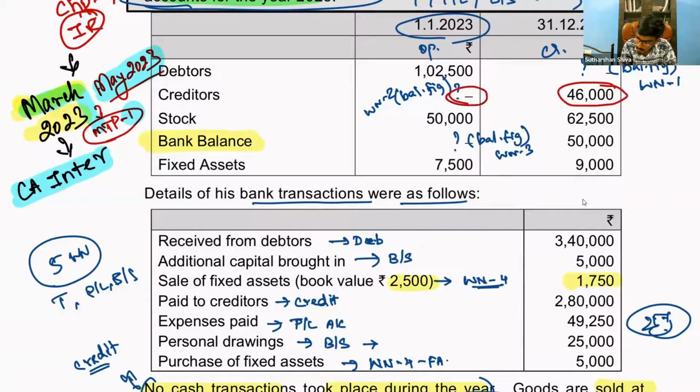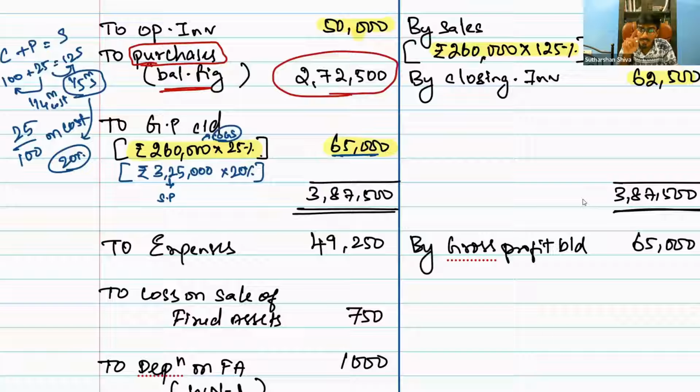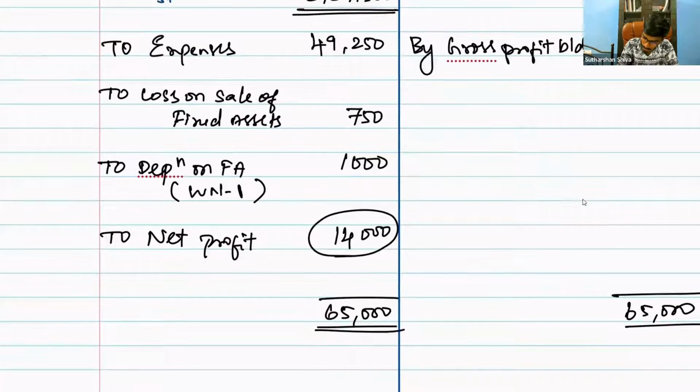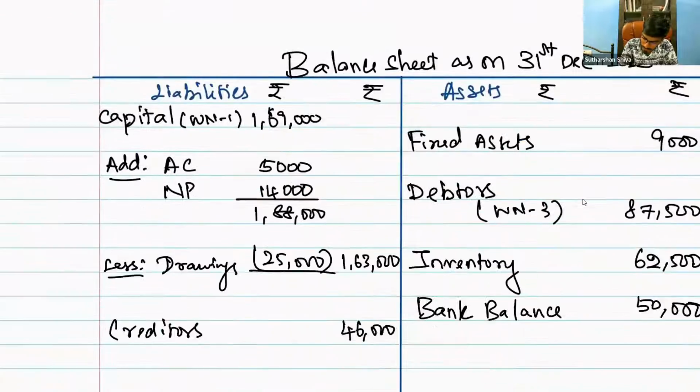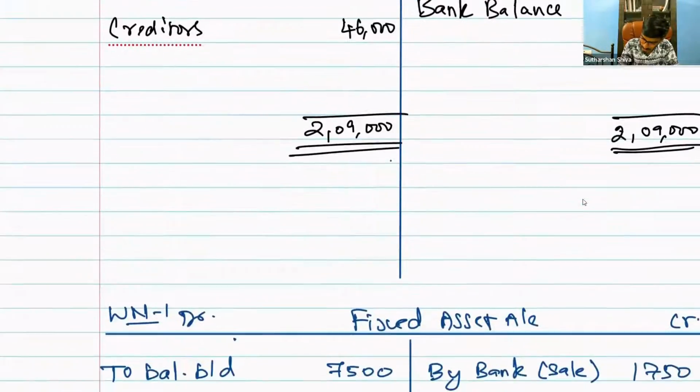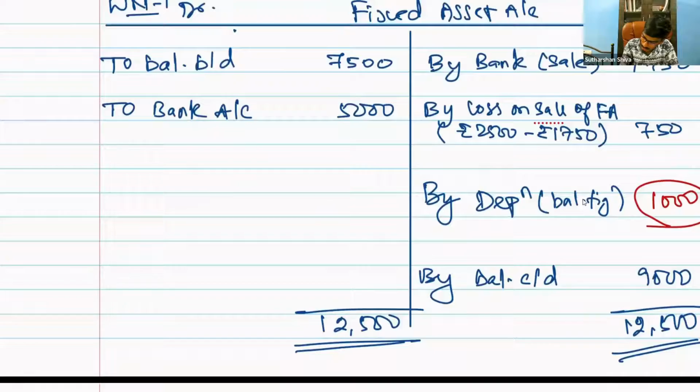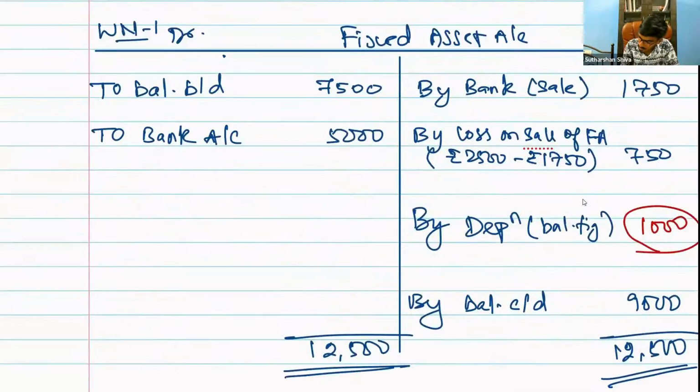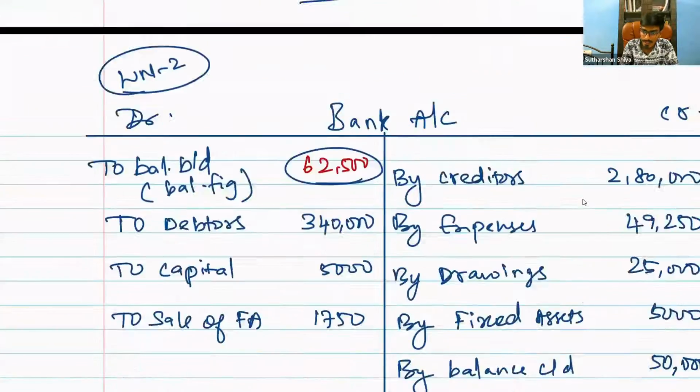I need to find out the opening value. This purchases value, number 1, I will post in my creditors account. What I will do? I will go to my creditors account, and then I will post 2,72,500 on the credit side.